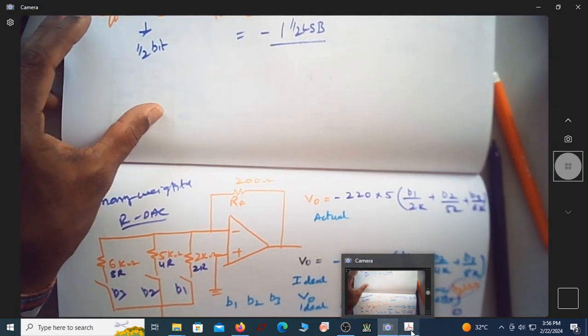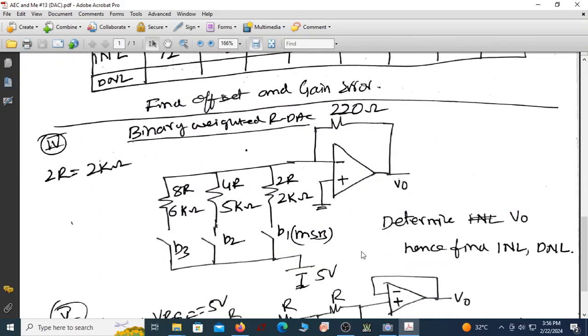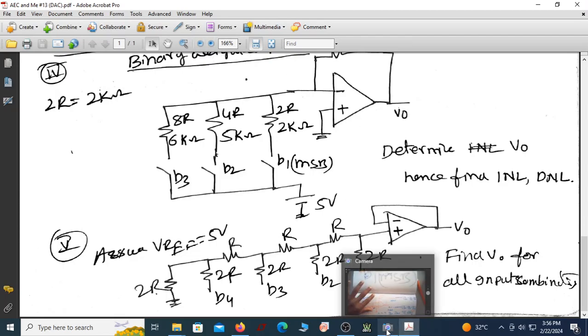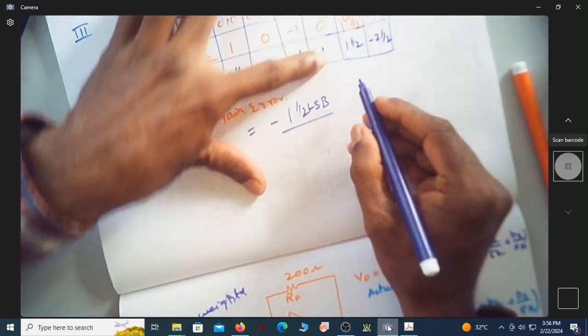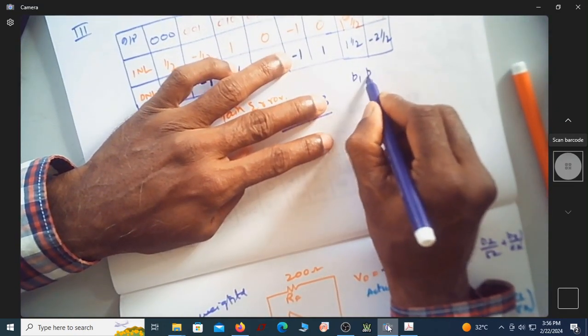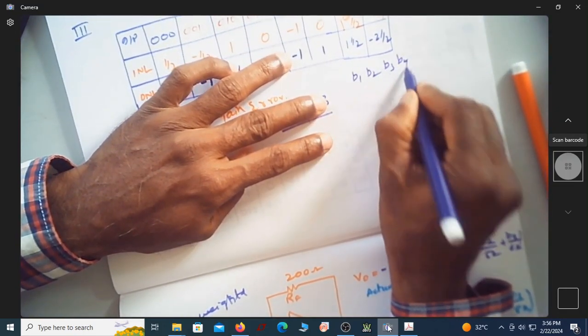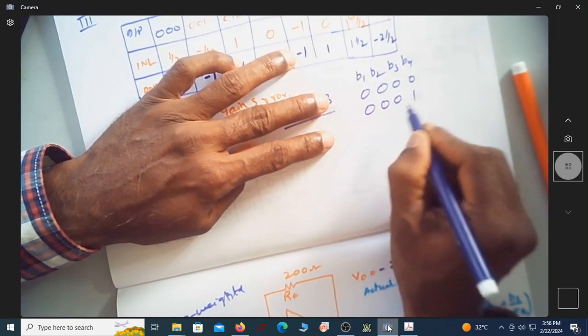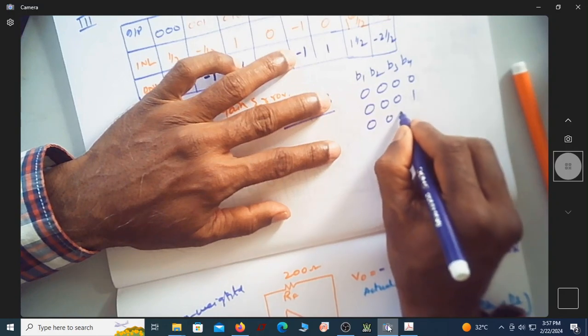How can we analyze all this? This is straightforward. You have 16 combinations. Try to find out for 1 LSB. You can just do it this way. You have 4 bits, B1, B2, B3, B4, and these are the input combinations: 0, 0, 0, 0.